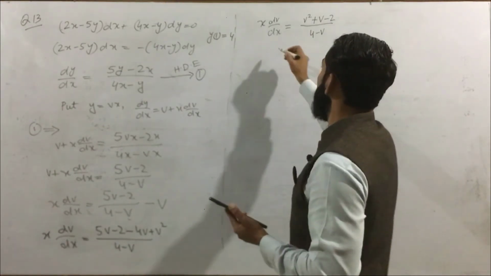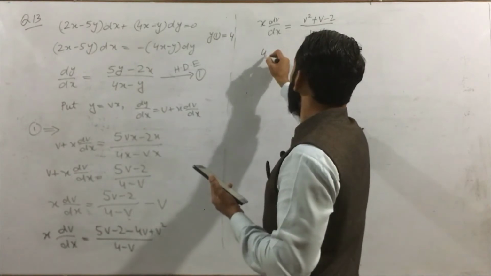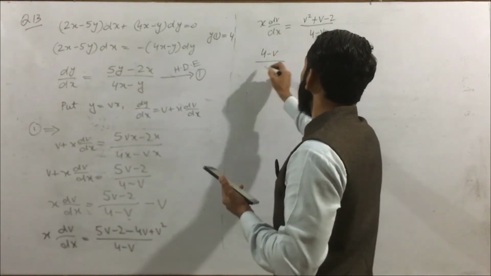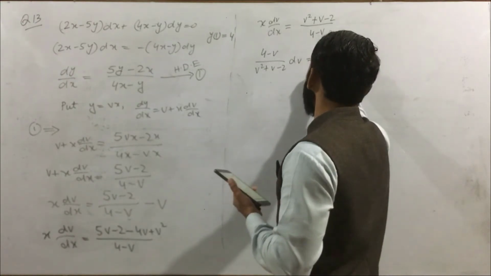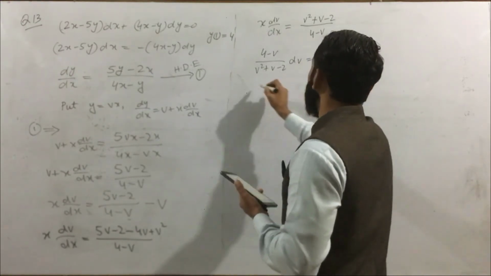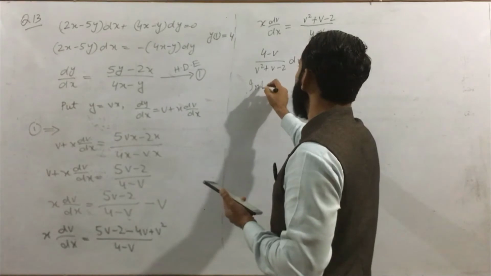Now separating the variables, (4 minus v) divided by (v square plus v minus 2) into dv is equal to 1 over x into dx, integrating both sides.